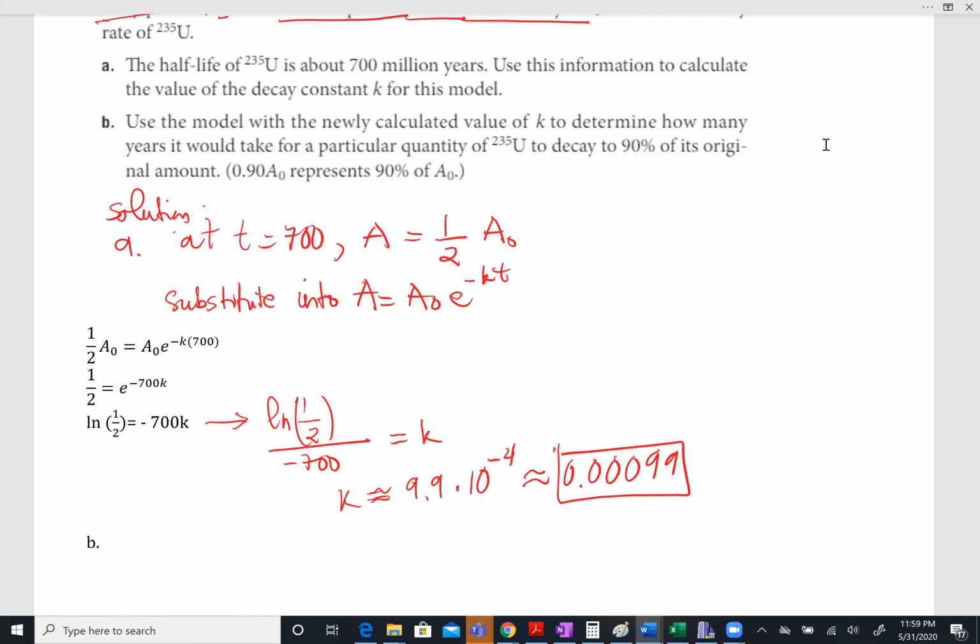So they've given you that A will be equal to 0.90 times A0, the initial amount.